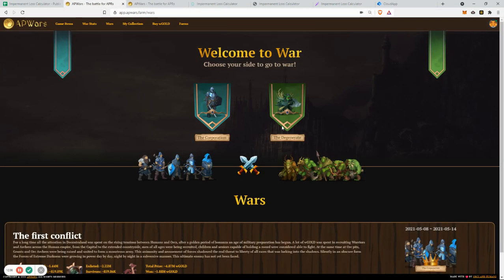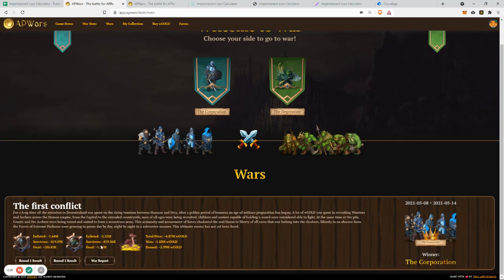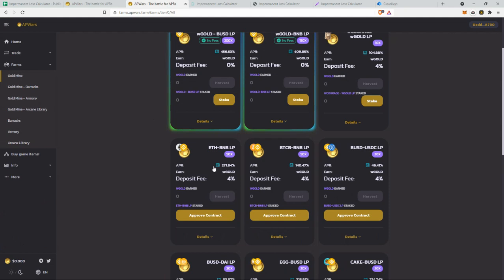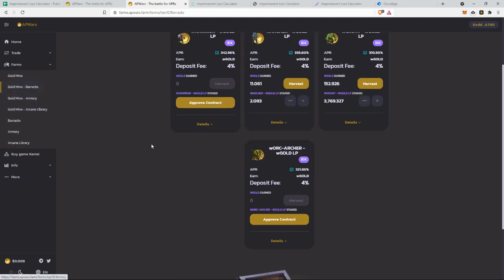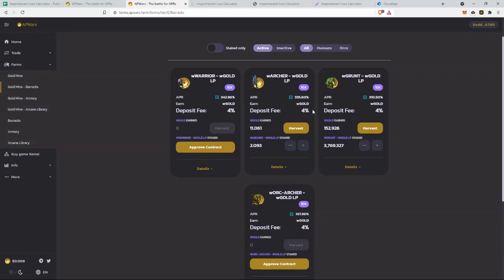If you're wondering what the Fed is, it's basically the total prize that warriors will win at the war. So this money is not 100% being used for the protocol. 90% of the deposit fees are used to buy war gold to give back to the players who play the game, which is a really great incentive.